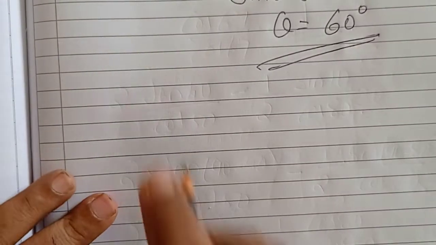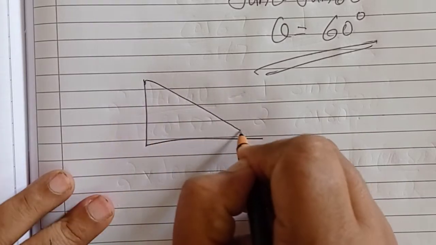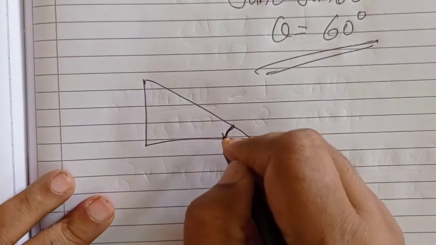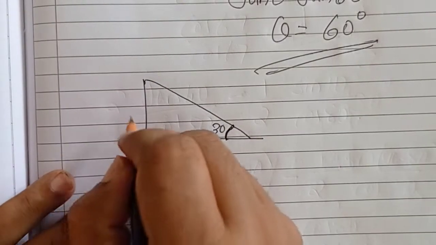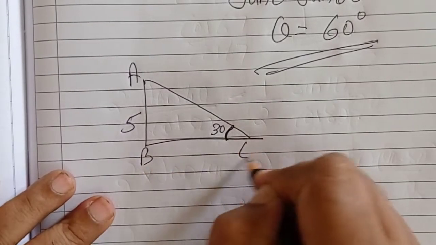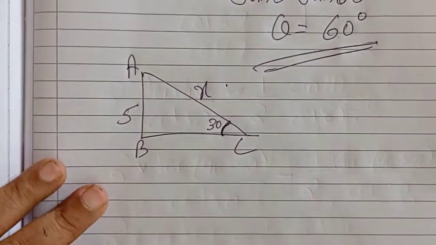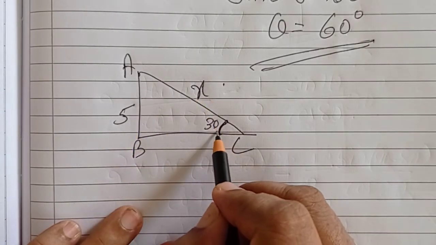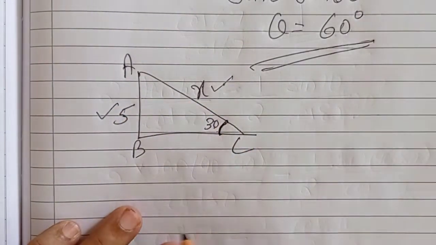Okay, then last problem. If this angle is 30 and this side is 5, in triangle ABC, find hypotenuse x. Can you connect the angle and this side? Angle is 30, opposite is given, hypotenuse is given.